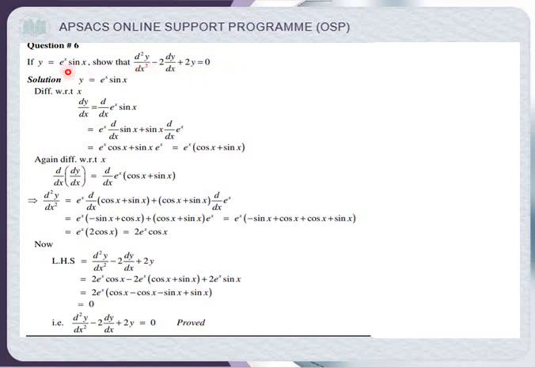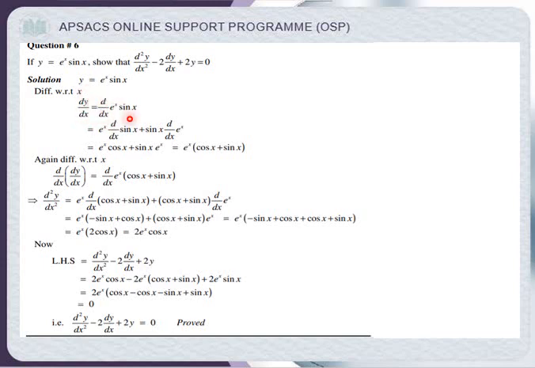First of all I'm picking the original function that is given, y is equal to e raised to the power x sine x. Now I differentiate with respect to x, applying d upon dx on both sides.